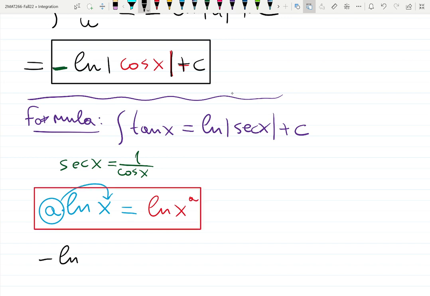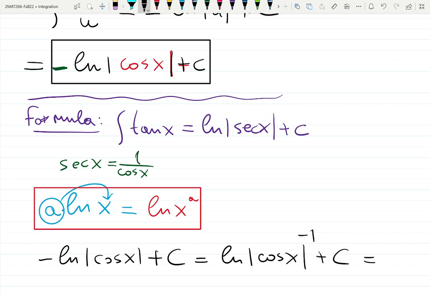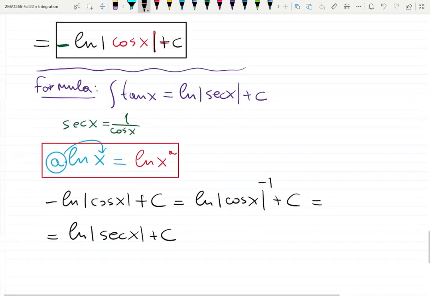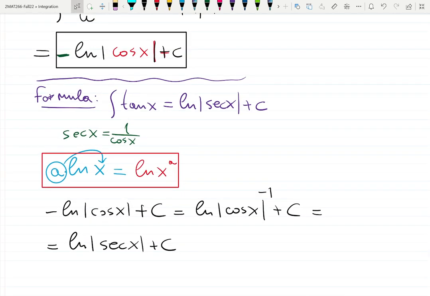Negative ln absolute value cosine x plus c became ln absolute value cosine x to the -1 plus c. And then, since cosine to the -1 is 1 over cosine, it ended up to be natural log of secant x plus c.